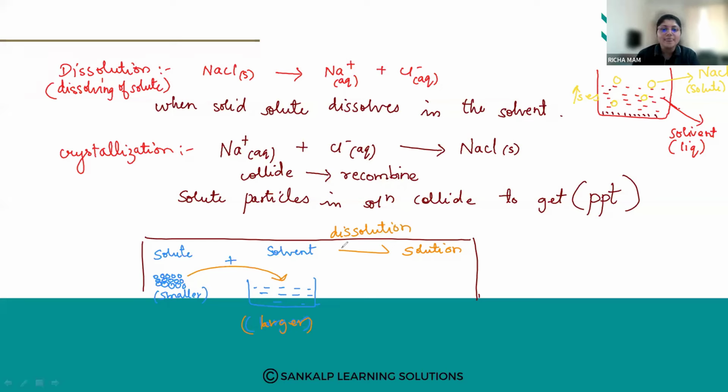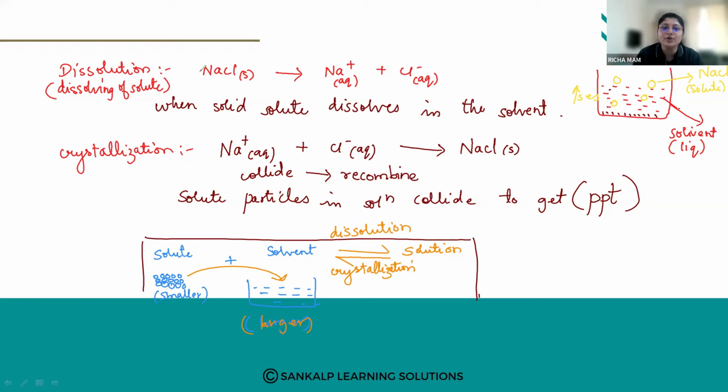Now what will happen to the solution? The solution will again give back the solute and solvent. When the solution gives back the solute and solvent, this process is called recrystallization.